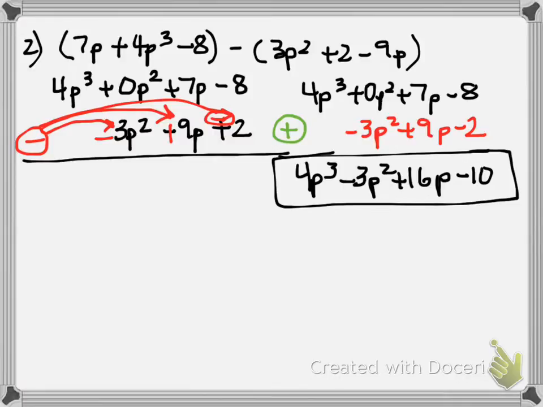It is a placeholder, exactly. You don't have to write 0p squared as far as I'm concerned. You could just write 0 for that one. And then the negative 3p squared would go underneath, because that's the order it would go in, since we're looking for standard form: 3, 2, 1, none.